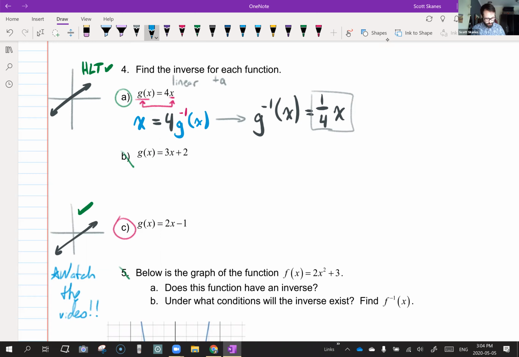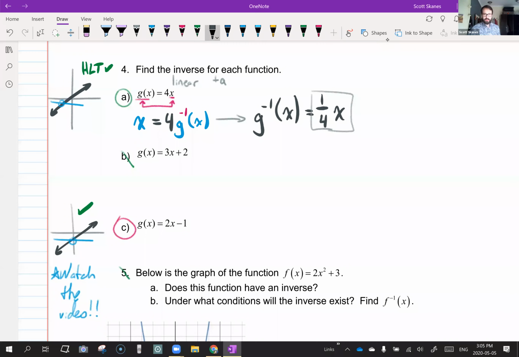By that, I mean we can draw a horizontal line through it, and it's perfectly fine. So tell me what the inverse is. It should take you about not even 10 seconds. Was that 10 seconds? That was about 10 seconds.